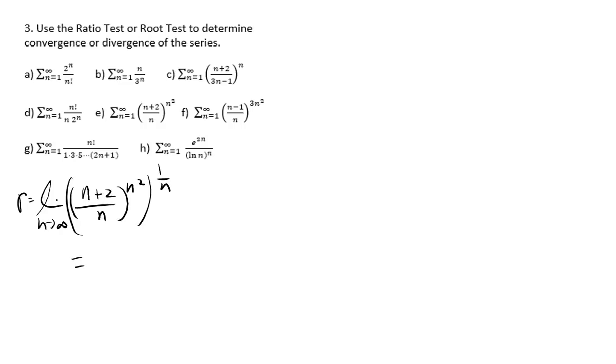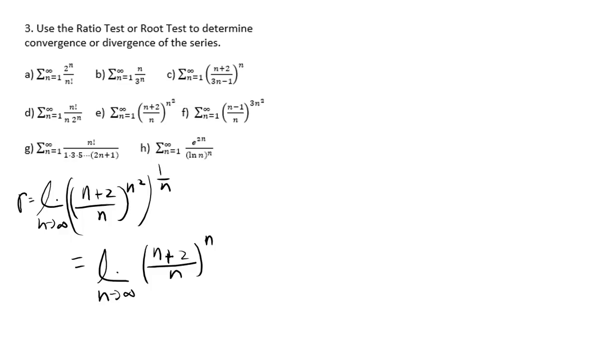And that gives you (n plus 2) over n, and n squared divided by n gives you n, and you're taking the limit n going to infinity.